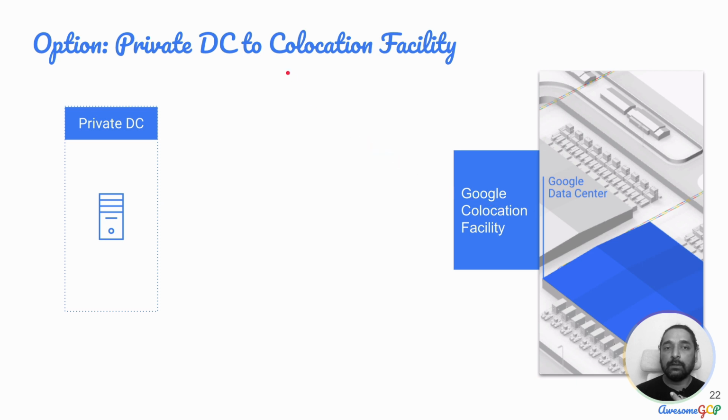The other option is for this private data center to skip the POP and go directly to what is called a Google colocation facility, which is going to be alongside the Google data center, right? So in this case, you are not going to the POP and then going to the Google data center. Instead, it goes directly to the colocation facility attached to the Google data center, right? So those will be the two options when it comes to connecting to a Google facility.